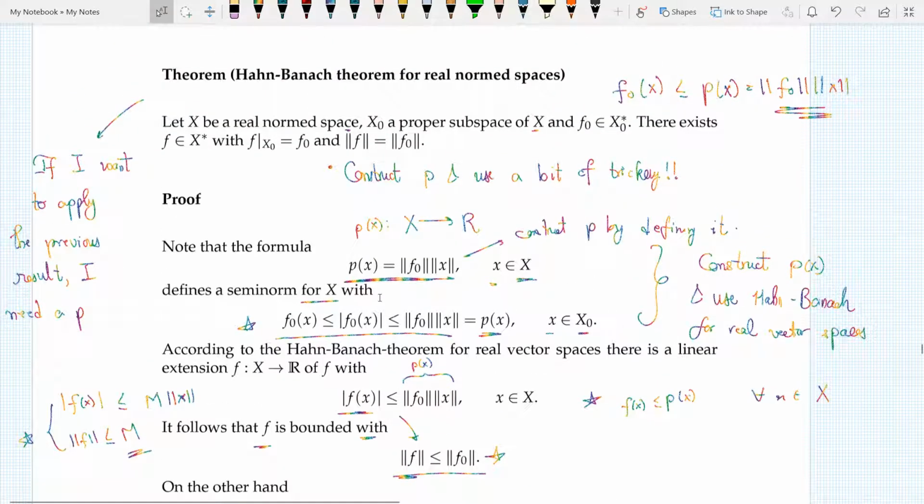The way I did it was I defined P of X to be this quantity using this formula, and once I had a P of X, I converted this formulation into my formulation of real vector spaces with P. Once I had a formulation in terms of real vector spaces, I used the Hahn-Banach theorem for real vector spaces to prove that indeed there exists a capital F with this property.